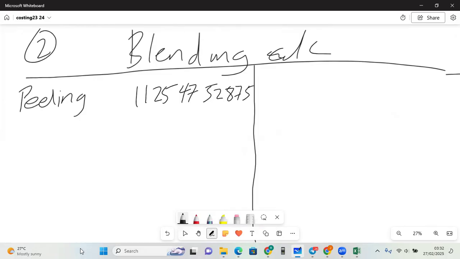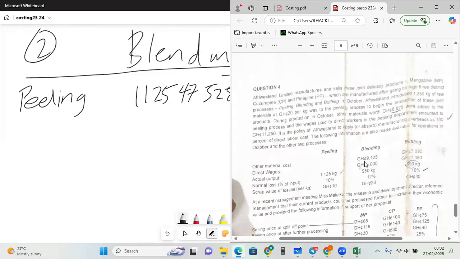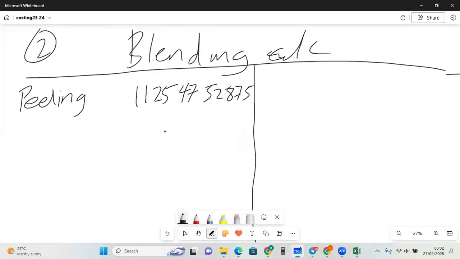All right. So now in this process too, they told us that they added other materials and then direct wages is 5,000. So other materials come. Remember, the material wasn't given to us in units, so we just add only the value.